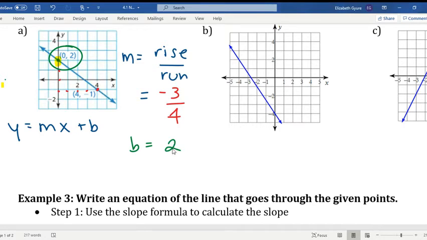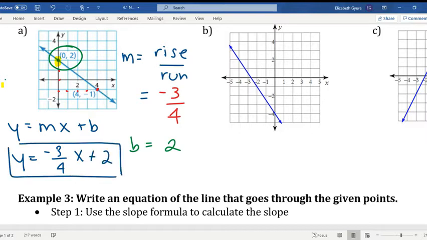Yes, that's all I need. Okay, so that'll be y equals m. What was my m value? Negative 3 over 4. Then what letter do I put next to it? X, and then plus 2, because that was my y value, or my b, my y-intercept. And that's my equation. Negative 3 over 4x plus 2.